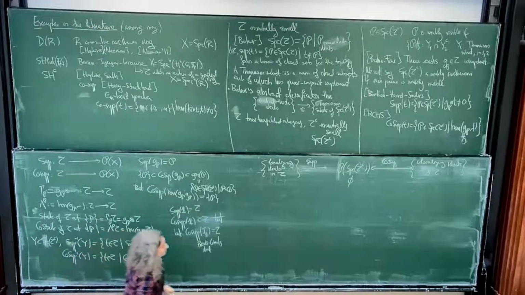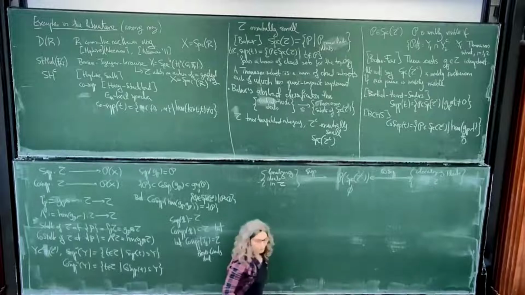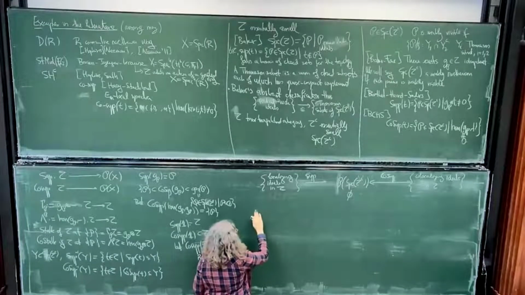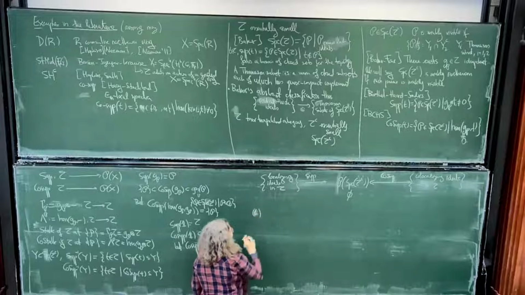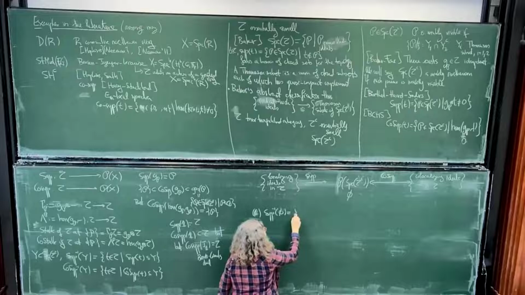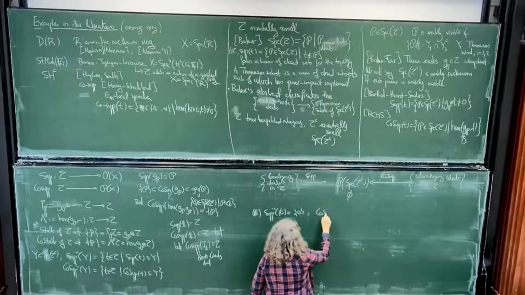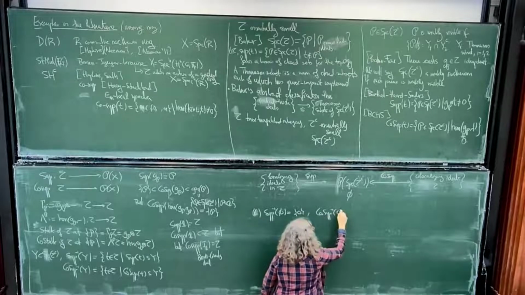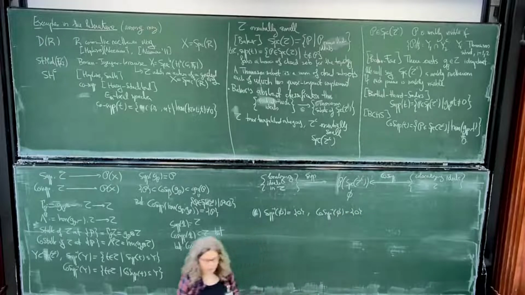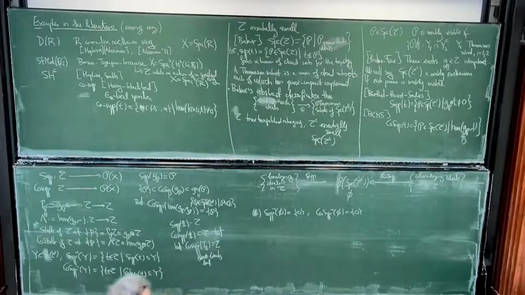Okay. So if you want this to be a bijection, the first thing you need is that this is 0 and that this is only 0. There are no other objects which have empty support or cosupport.